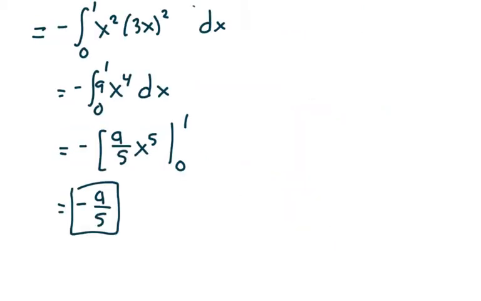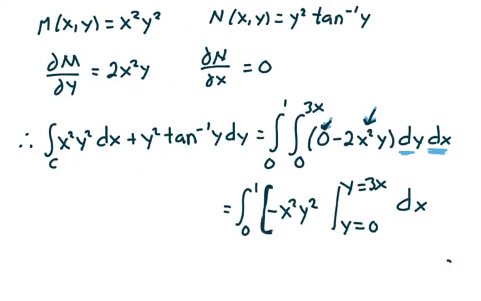And so you can see I'll pull the negative out in front and I'm going to integrate from 0 to 1 of x squared times (3x) squared dx. But that simplifies to negative the integral from 0 to 1 of 9x to the 4th dx. And again, remember, I'm going to subtract 0, so I didn't put that in. So I hope that's okay.